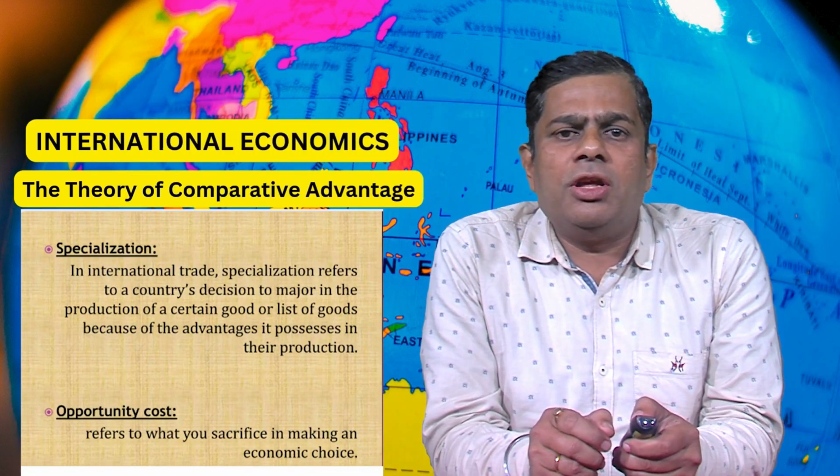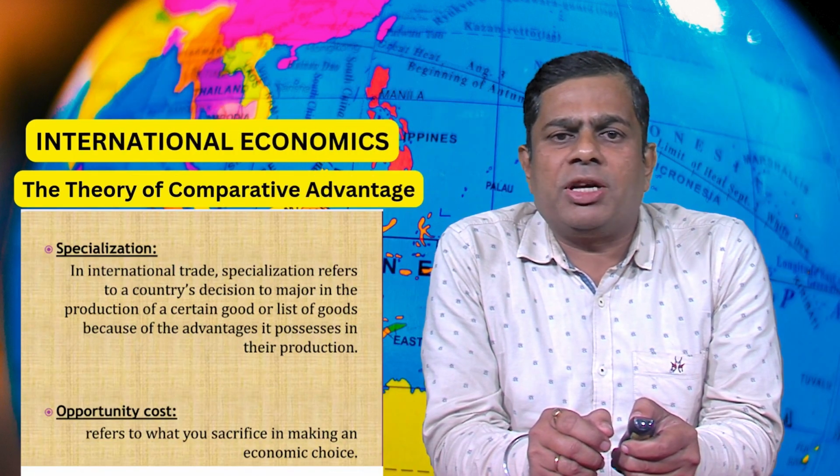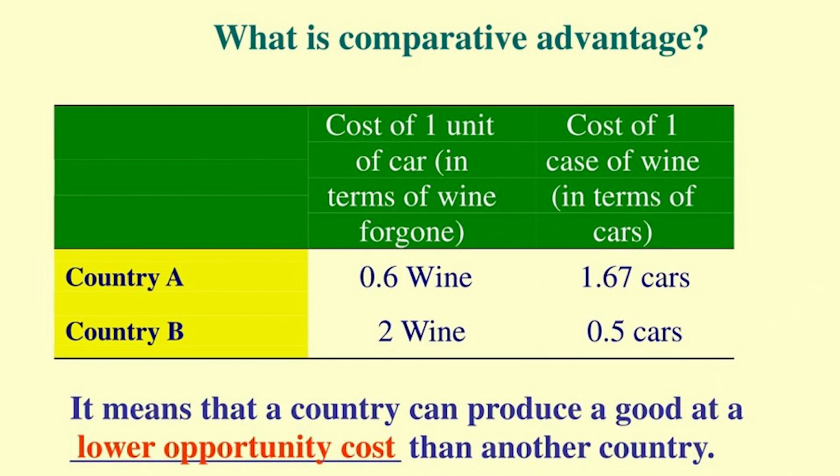So here in this slide, we have used the word opportunity cost. So what is opportunity cost? Opportunity cost refers to what you sacrifice in making an economic choice. This means in this table, if we want to produce more cars, then we have to sacrifice 0.6 of wine. And if country A wishes to produce more wine, then the opportunity cost of foregoing a car is 1.67.